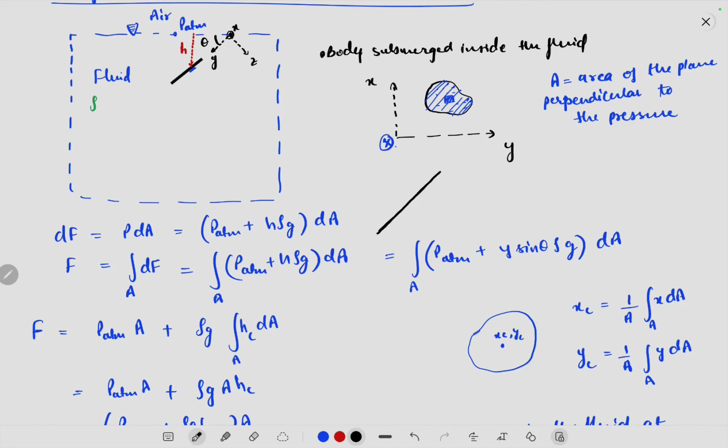Let's say this is my body, and this point is the centroid of the body, which corresponds to xc comma yc. Now from the point where there is the free surface, this height would be hc.